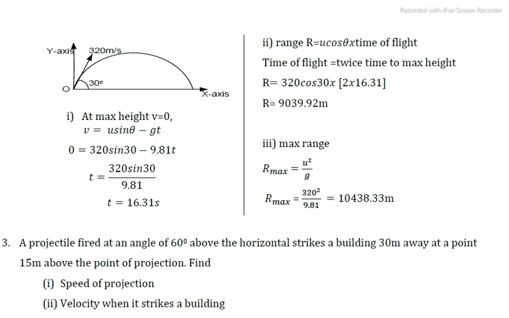We have already got the time taken to reach the maximum height. We shall just double that to get the time of flight, which we shall substitute in the formula for finding the range. We have the initial velocity u, we have theta, and we have got the time of flight.